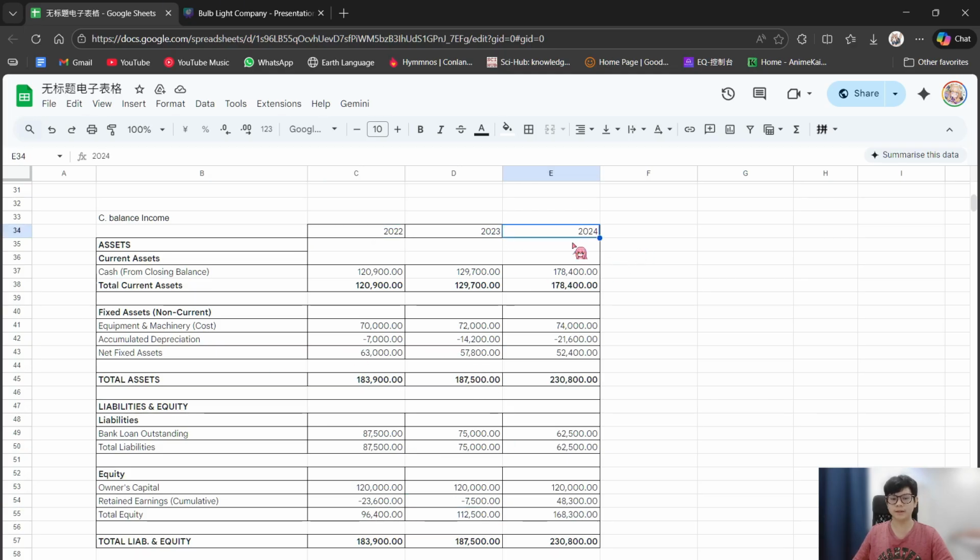So in the next year, 2024, we become earning, and our liabilities are decreasing. That means that our company now is safe and highly profitable.